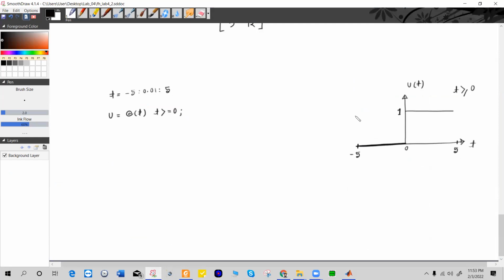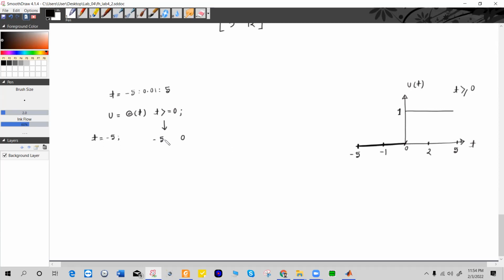Let's check two points, say -5 and -1, and then two more, 0 and say 2. Whenever time t is equal to -5, the condition compares -5 and 0.